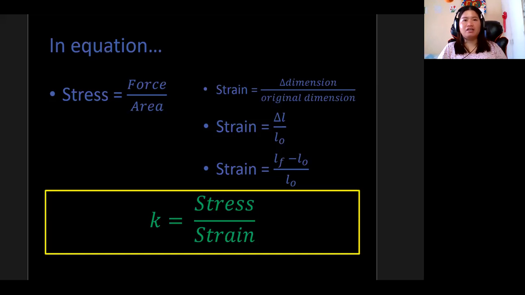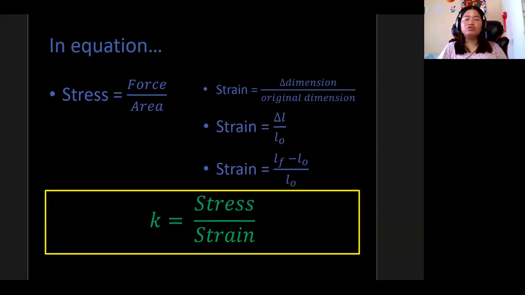What does it say? The amount of strain of an object is relative to the applied stress, and it should be within the elastic limit. Okay, so that is Hooke's law.